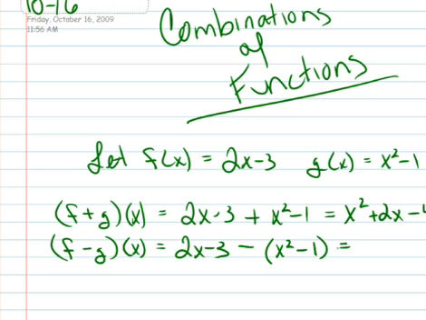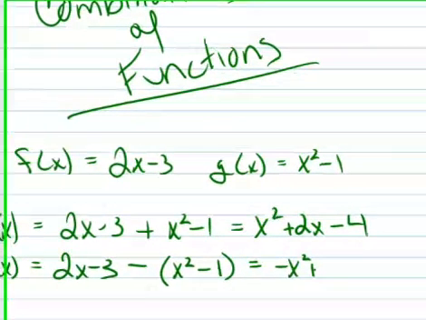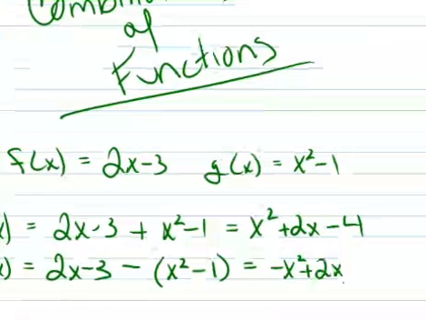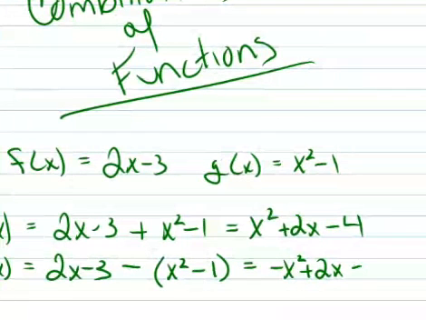If you don't put parentheses in there, you end up subtracting only the first term of g, which would be wrong. And we don't want that. So use parentheses. What a horrible way to leave an answer. Let's clean this up. This would be a negative x squared plus 2x minus 2, distributing the negative sign.